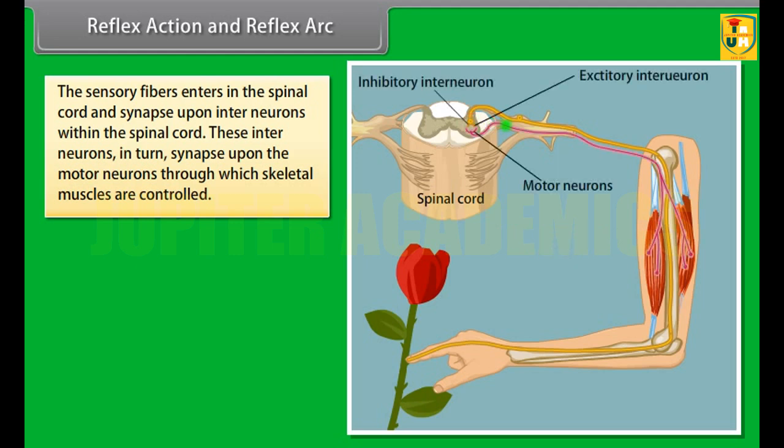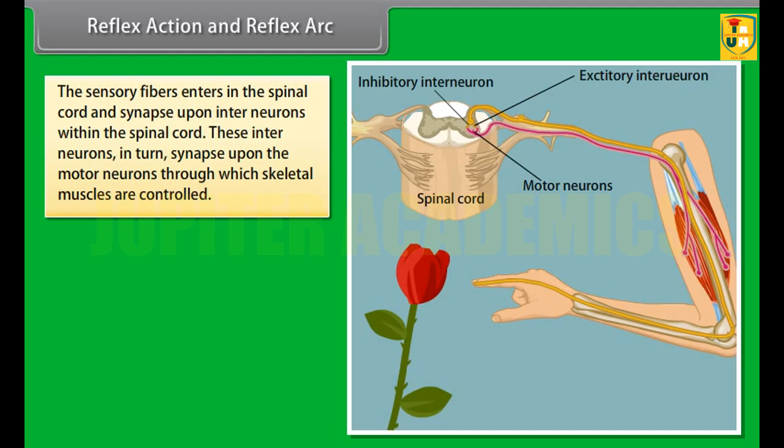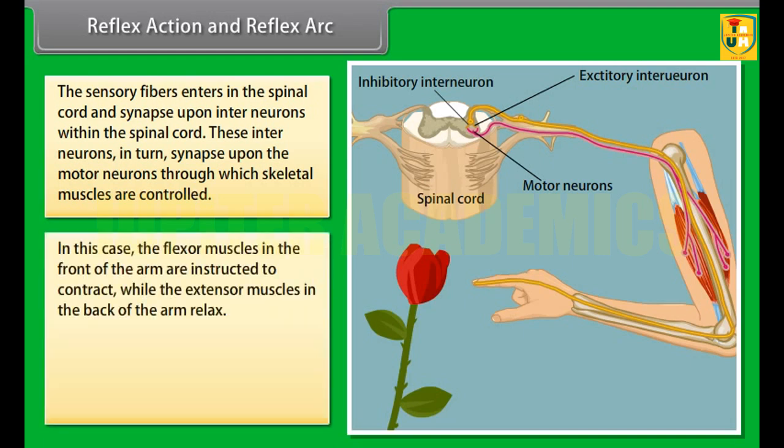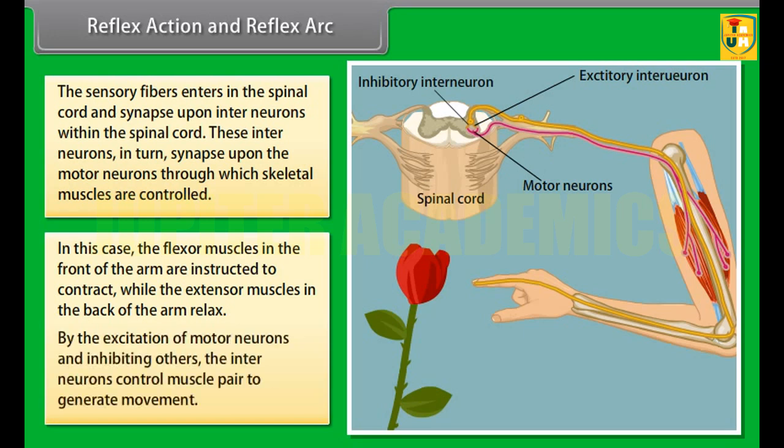These interneurons in turn synapse upon the motor neurons through which skeletal muscles are controlled. In this case, the flexor muscles in front of the arm are instructed to contract while the extensor muscles in the back of the arm relax. By exciting some motor neurons and inhibiting others, the interneurons control muscle pairs to generate movement.